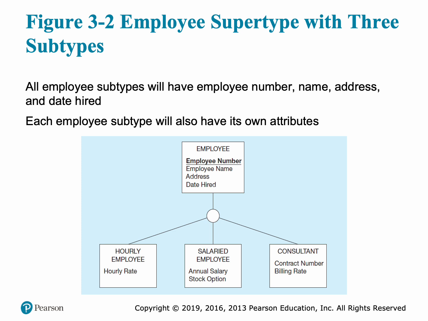Only salaried employees have salaries and stock options, and only consultants have contract numbers and billing rates. If we simply had an employee entity, then these special purpose attributes would be irrelevant for many of the employees.